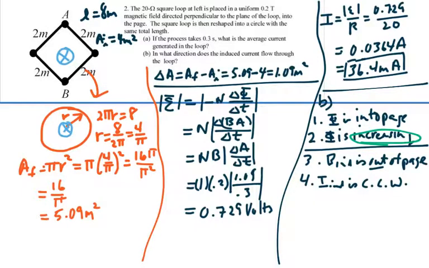So our induced current is going to go this way through the circuit, counterclockwise through the circuit, to create an induced magnetic field that's coming out of the page, opposing the increase in flux that's going into the page. So 36.4 milliamps counterclockwise through this circuit.